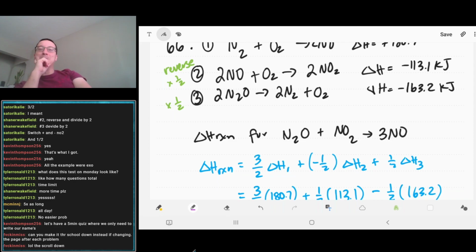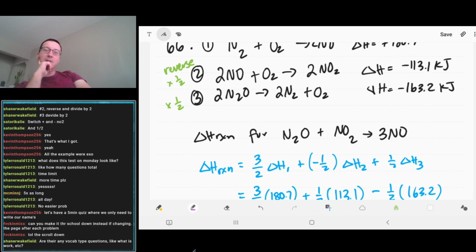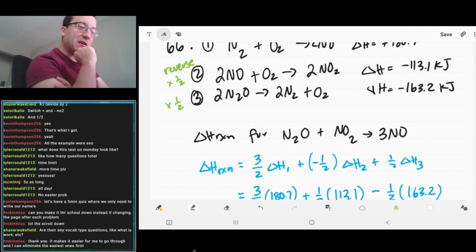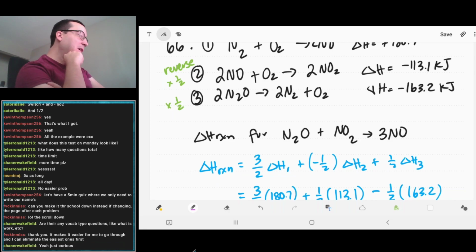Okay, with vocab type questions, those would be easy questions for me to do. I don't like to give definitions because it's easy to type in Google, like, what's work? That's boring. I'd rather you apply the definition rather than just spit it back out at me. But some of the work calculations are easy, like P delta V, 2 minutes, easy, done.